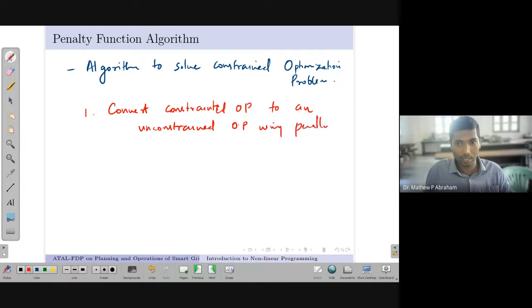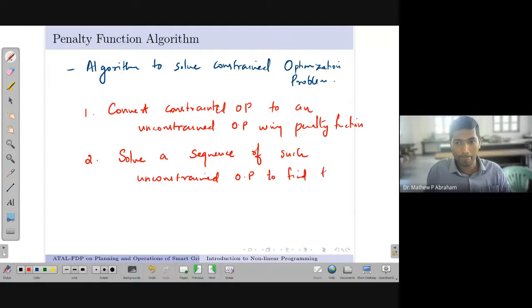We'll see what a penalty function is. Once we have the unconstrained optimization problem with the penalty function, we solve a sequence, and this is important, a sequence of such unconstrained optimization problems to find the solution of the constrained optimization problem.